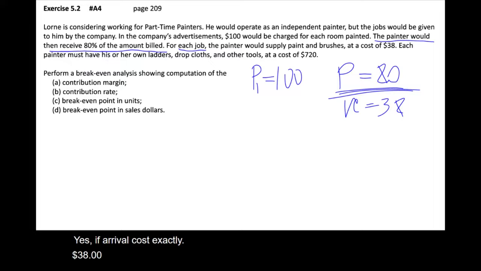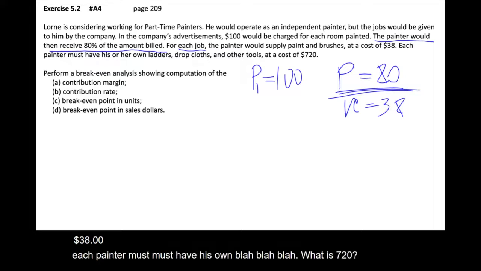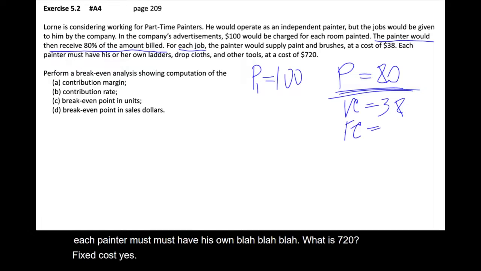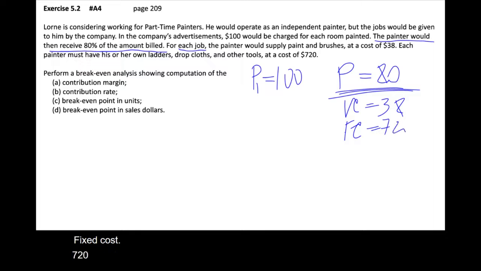Each painter must have his own tools and so on. What is 720? Fixed cost, yes. Fixed cost, 720. Okay, I guess we're ready, right?